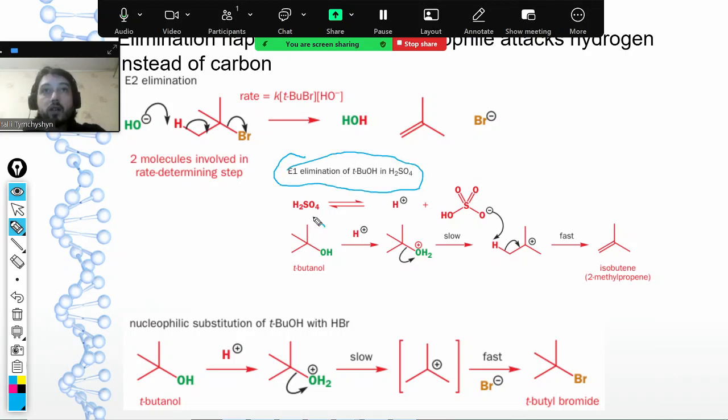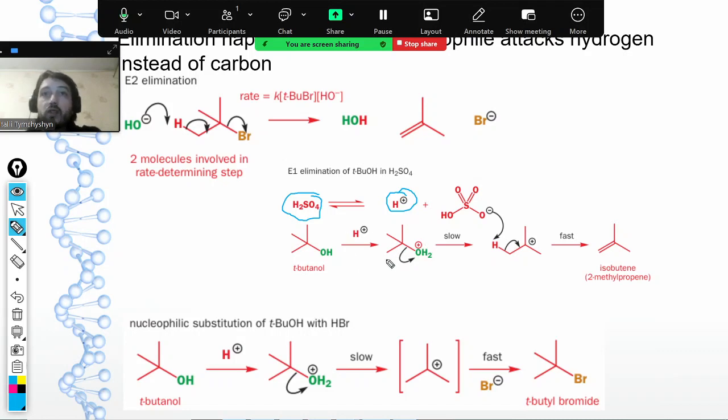So here is tert-butanol. Pretty similar to what we had here, but we have only an OH group, not bromine. In acidic conditions, let's say we have some sulfuric acid in the flask, so we have some protons.